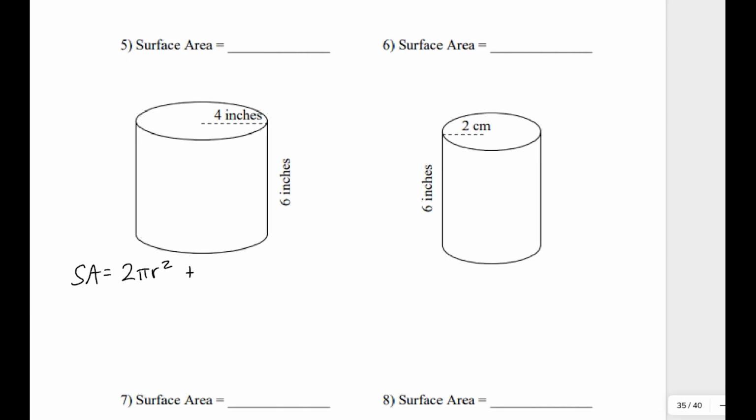And so I'm going to do my best to explain this to you. In class, I was doing a lot of physical explanation. So this is what I want you to imagine if you're watching this video after the fact: imagine you have a piece of paper that you've rolled up into what looks like a cylinder, or, here's another way of thinking about it, imagine you have a toilet paper roll. That's a cylinder.